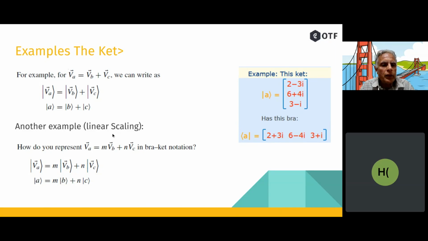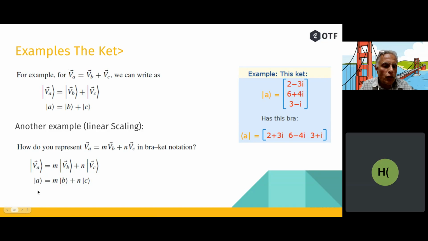Same way, we can represent the scalar combination of a Ket vector. What we represent in vector as Va equal to m Vb plus m Vc, we can represent as Ket Va equal to m Ket Vb plus m Ket Vc.